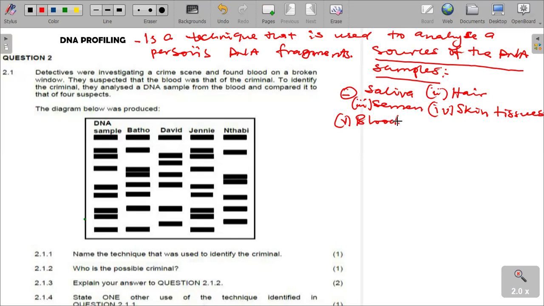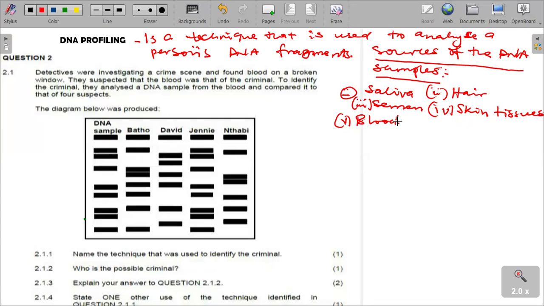So how does this process take place? How do we do DNA profiling, or how is it done? I want you to understand that we have certain nucleotide segments of the DNA that do not code for proteins and exist as repeated short sequences of bases.